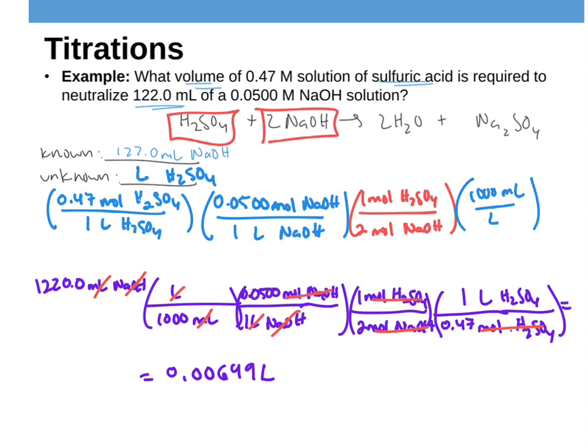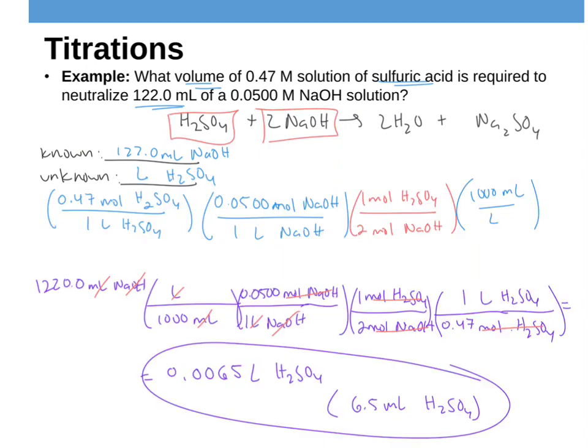Well, actually, I can only have 2 sig figs. Excuse me. So 0.0065 liters of H2SO4. If they'd asked for milliliters, you could just change that to milliliters and say 6.5 milliliters of H2SO4. Well, anyways, one of these would be the answer.